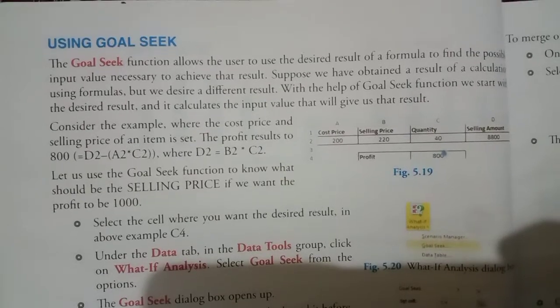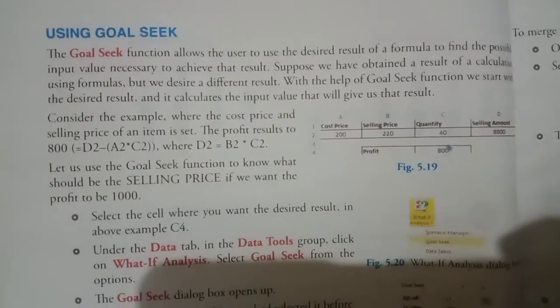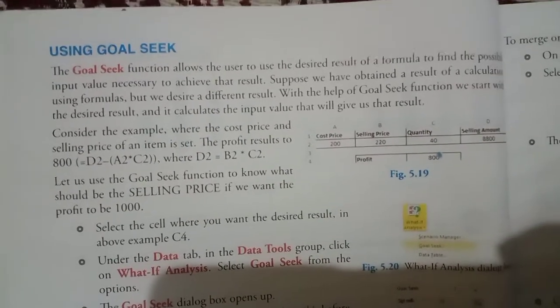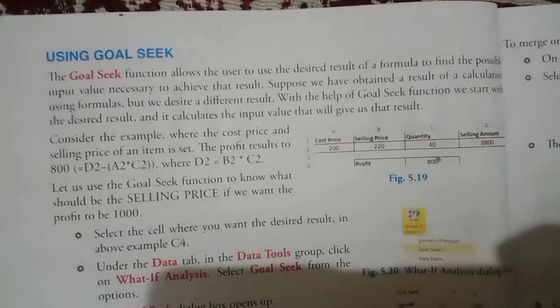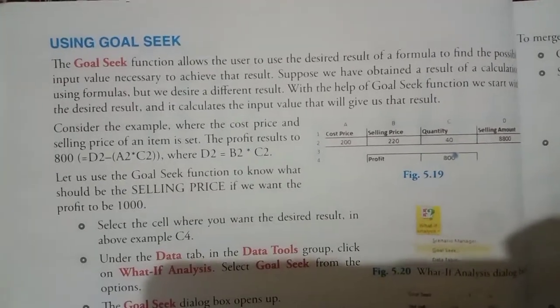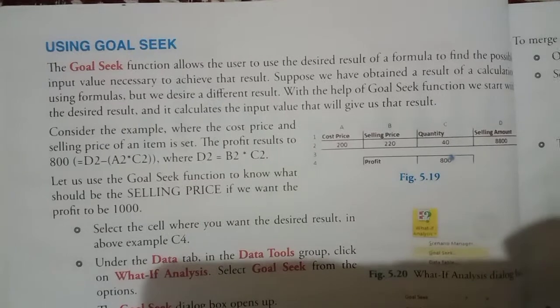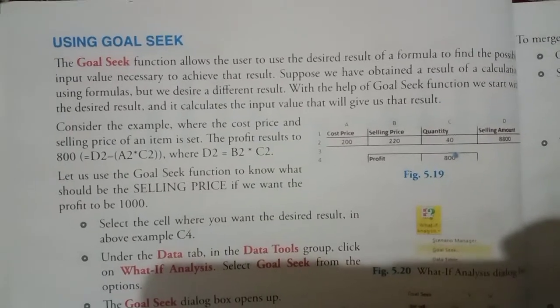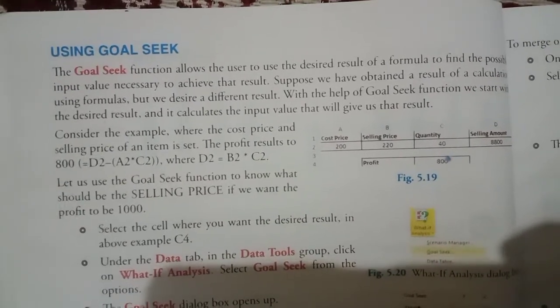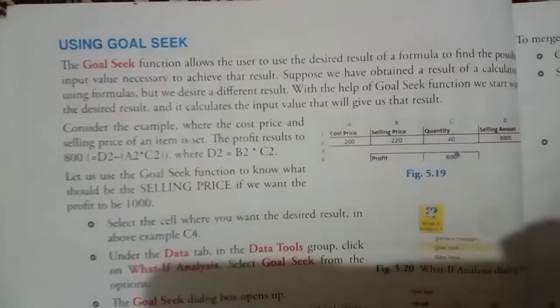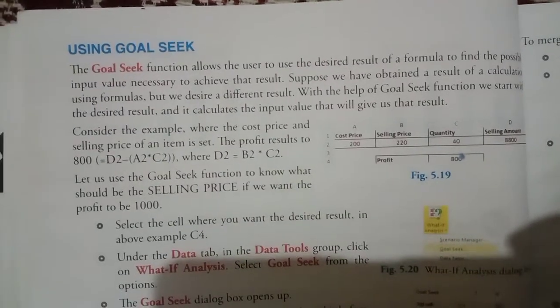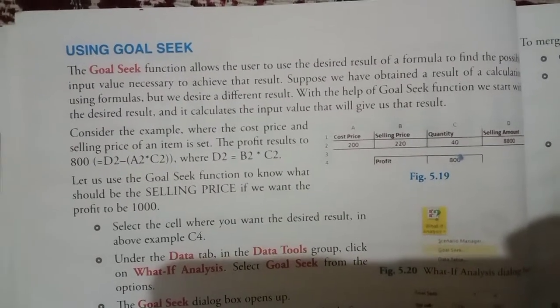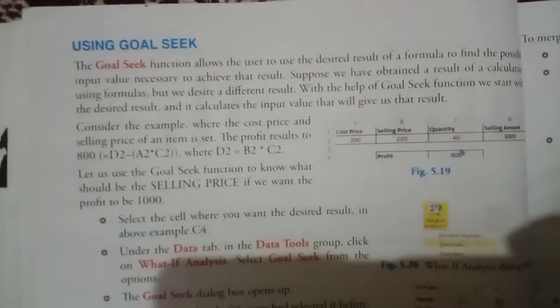With the help of the goal seek function, we start with the desired result and it calculates the input value that will give us that result. This is very important because through it we calculate the input values that will give the result.